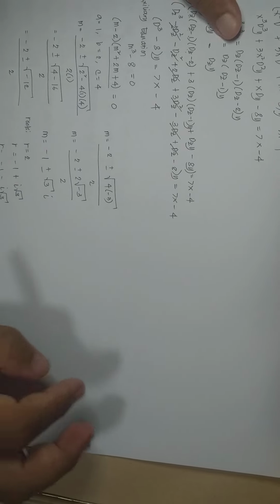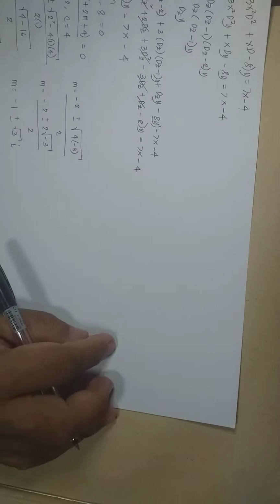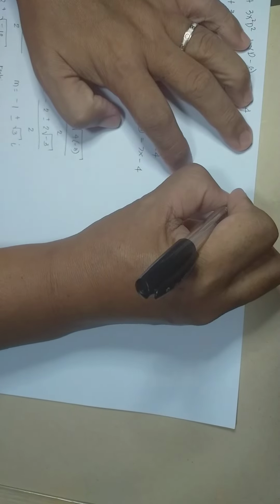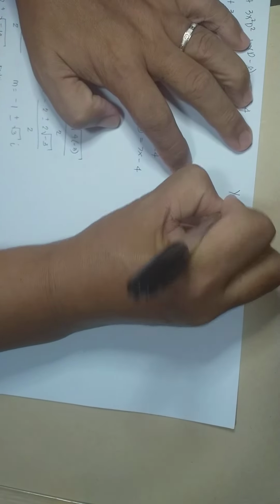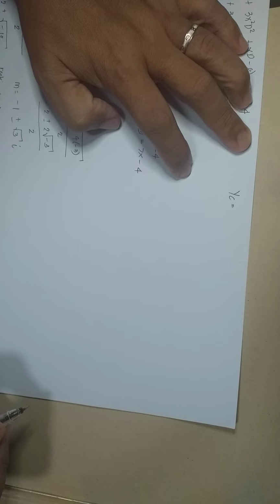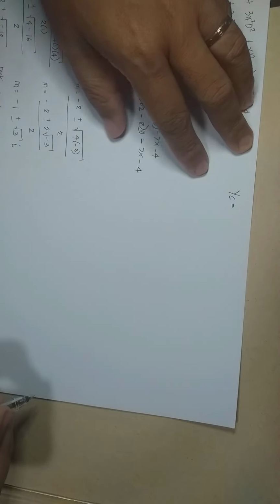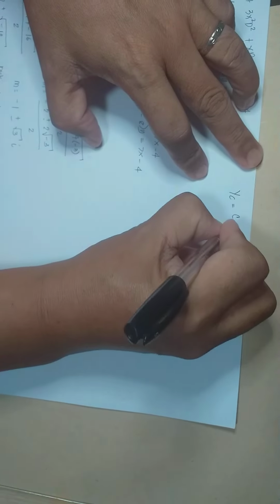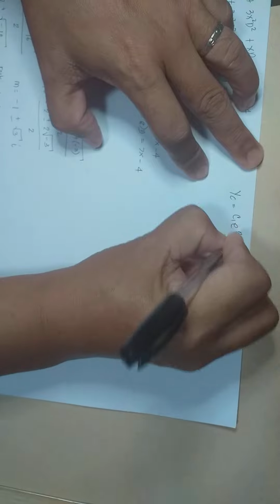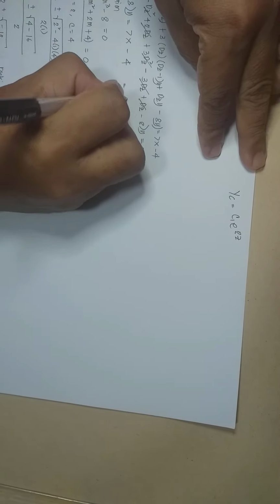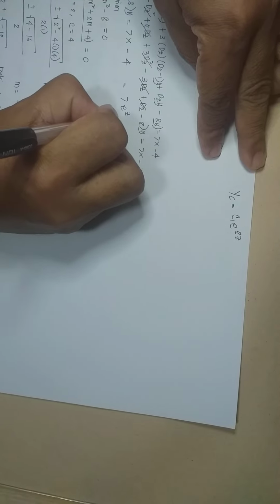So what is our complementary solution yc? Based on what we have discussed, yc is equal to, using root is equal to 2, c sub 1 e to the 2z. By the way, x here is e to the z.